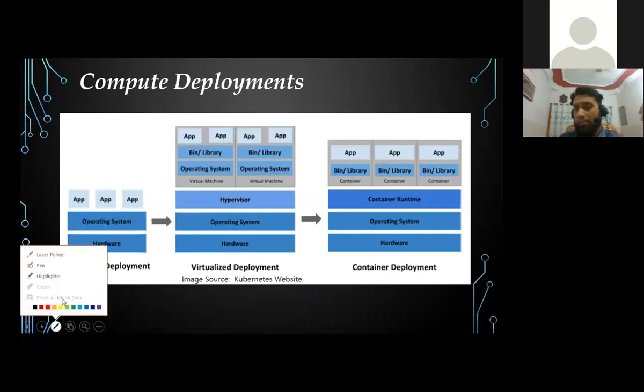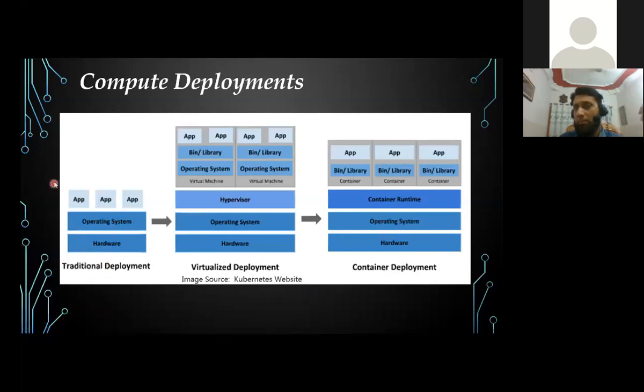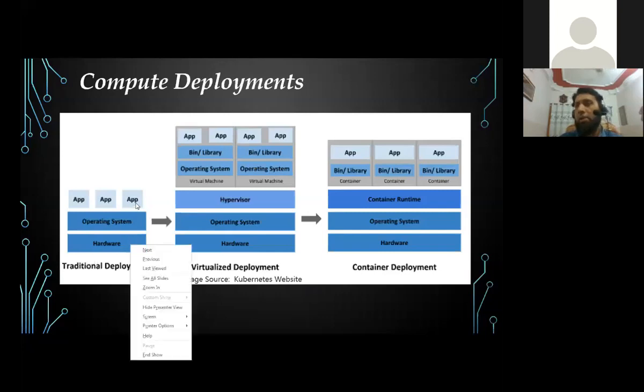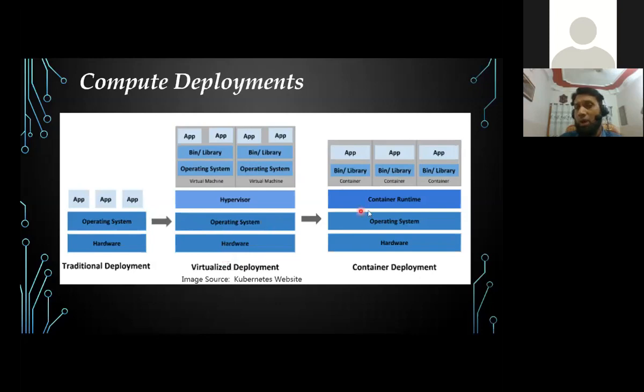For example, this is one server and it has hardware, then an operating system, and then some applications. And if the capacity of this hardware is full, then we need to build another system. But in a virtualization environment, or you can say a VM environment, it's very easy.